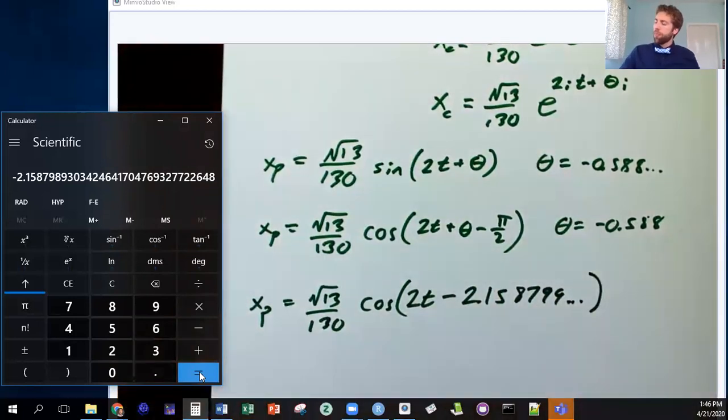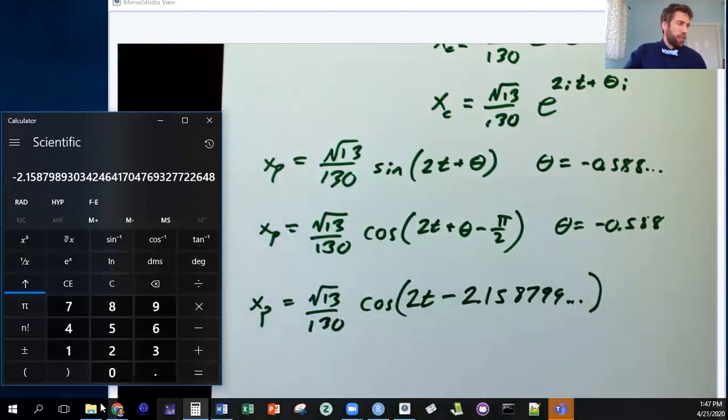Okay, so then this tells me the amplitude of the wave. This tells me the frequency of the wave. And this tells me how far off phase the waves are. And so this is kind of the solution that gives you the best understanding of what's going on.